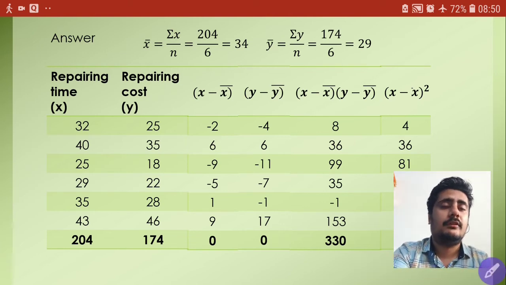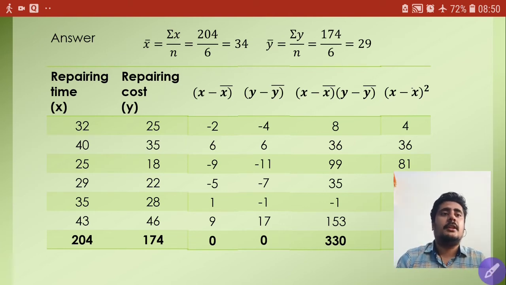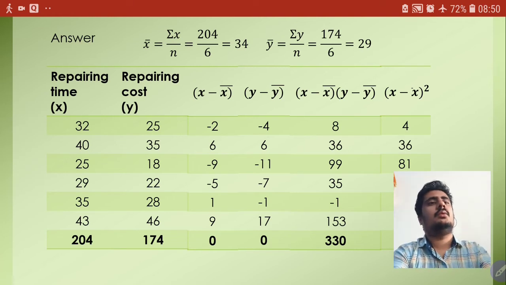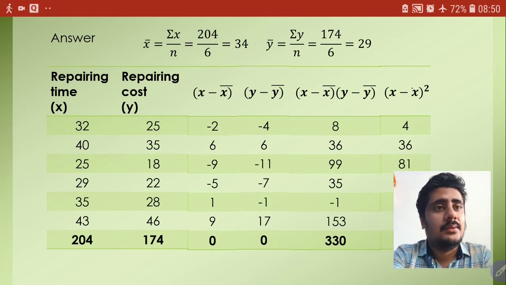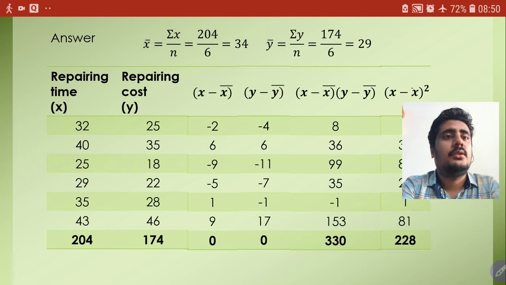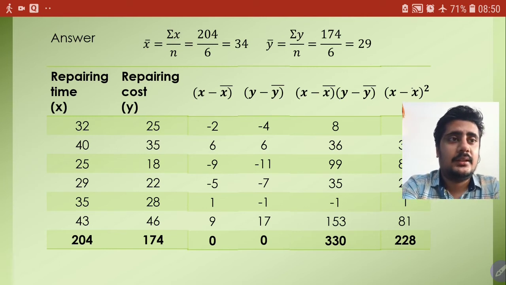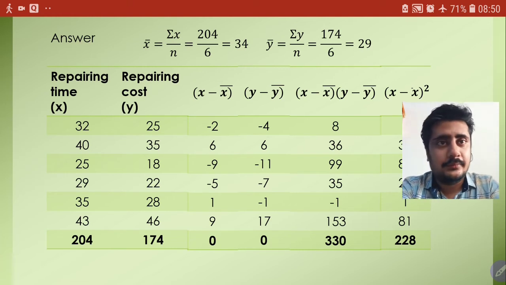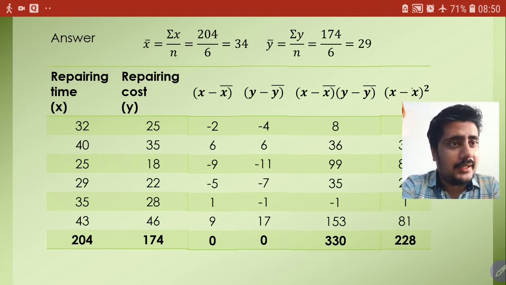Every digit would be in fractions, the multiplication would be in fractions, the square would be in fractions, the answer would be in fractions, so it would be a bit complicated to calculate. That is why we use the second formula if x bar and y bar are in fractions or points. So this was the general idea, as I told you.